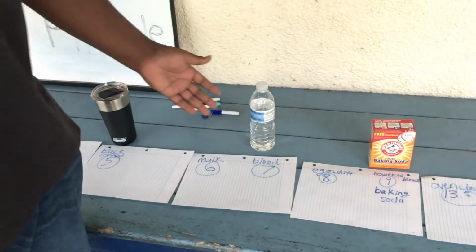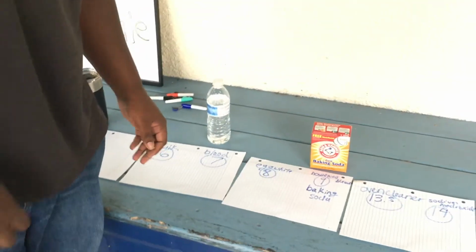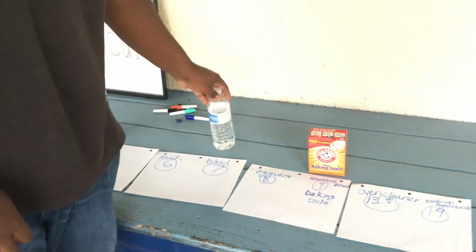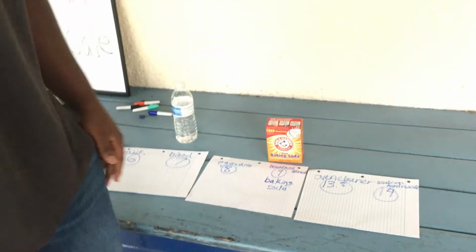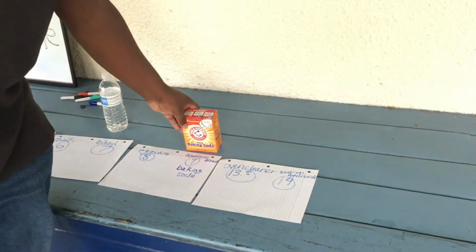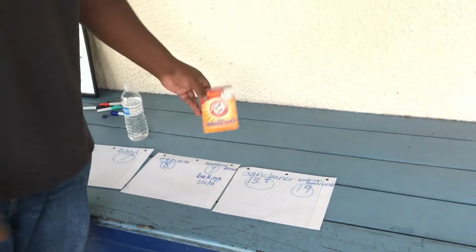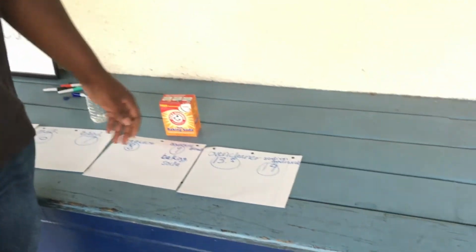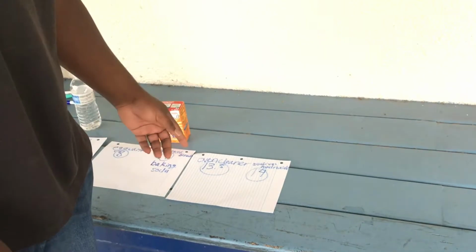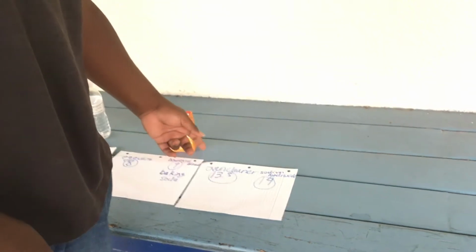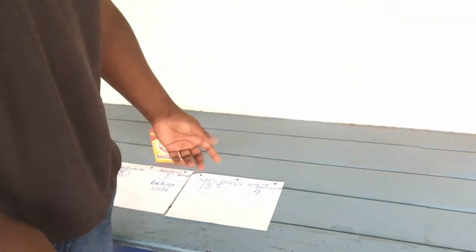For 6, milk. 7, blood or water. 8, egg whites. 9 can be baking soda or household bleach. 13.5 can be oven cleaner, and 14 is sodium hydroxide. And that's the pH scale.